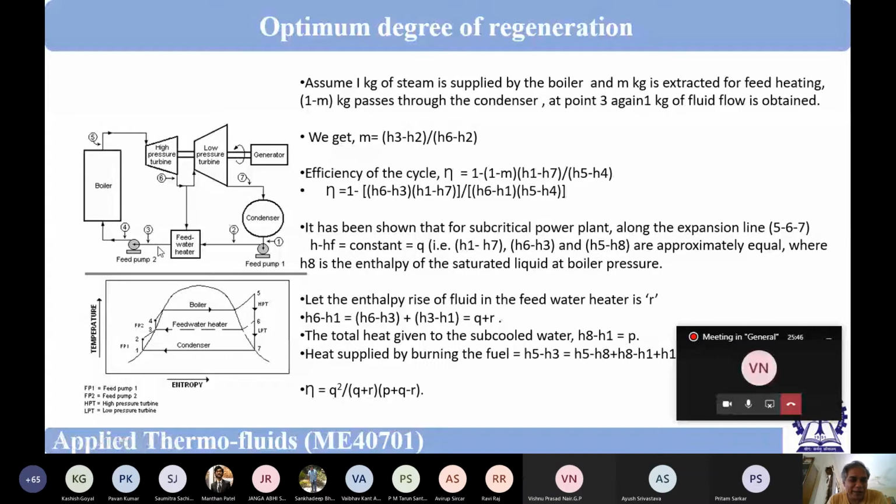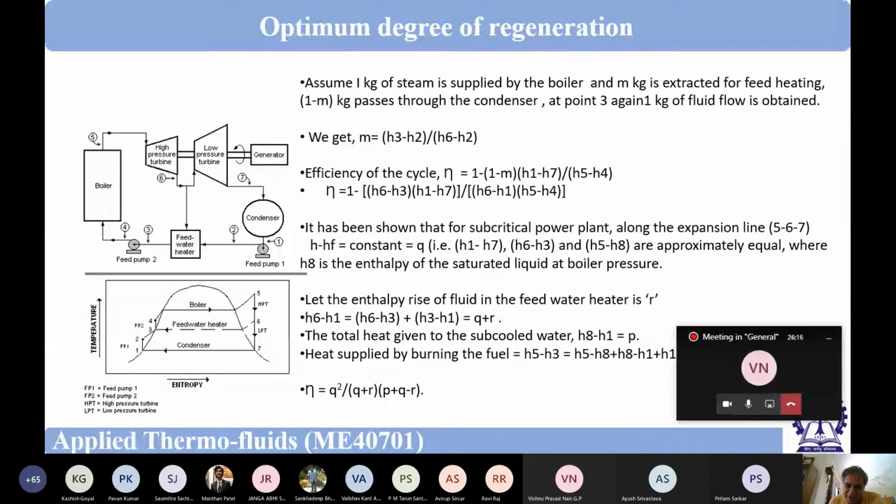That means the way steam is losing its heat, the same way water is gaining its heat, so that ultimately water is reaching the boiler at the saturation temperature. Steam expansion is starting from saturation temperature. From here, steam expansion is taking place like this, and from here, the water heating is taking place like this. So that is your ideal regeneration.